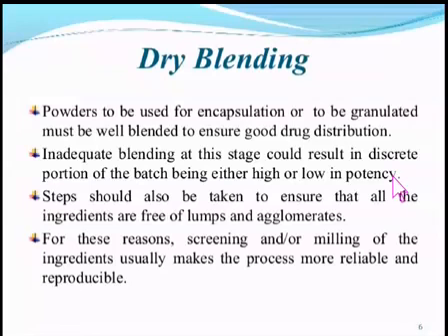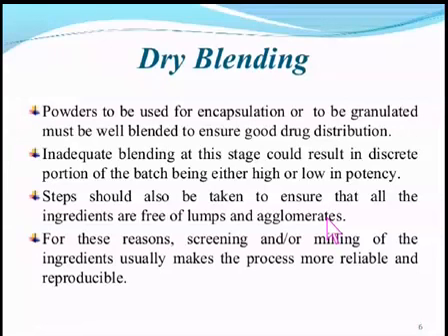In some areas it will be found more, and at the same time less in some other areas. This will result in either high or low potency tablets. Then steps should be taken to ensure that all the ingredients are free of lumps and agglomerates.